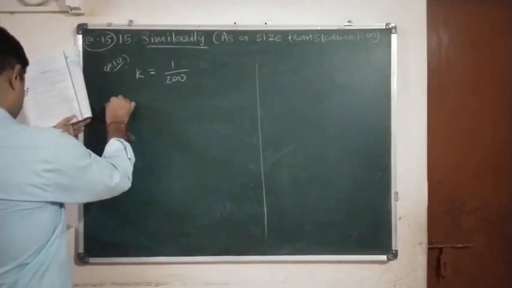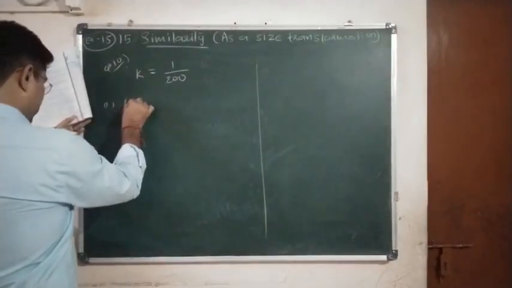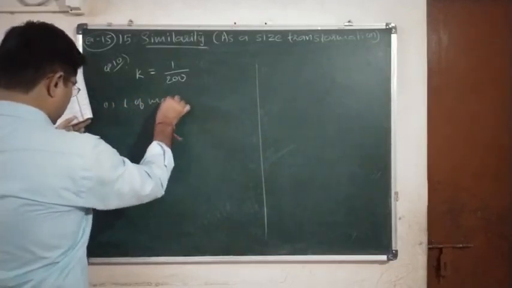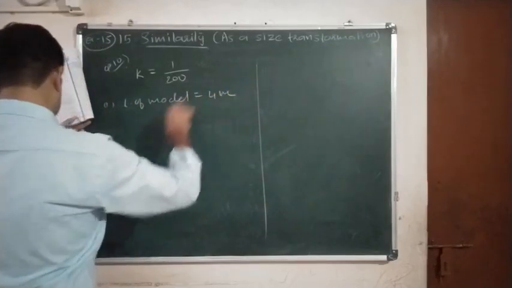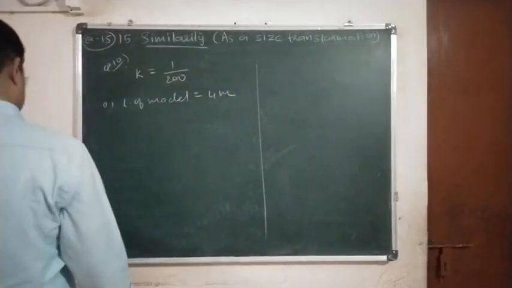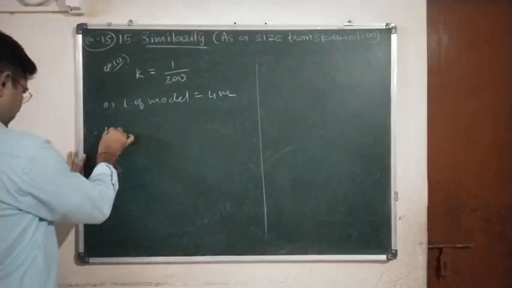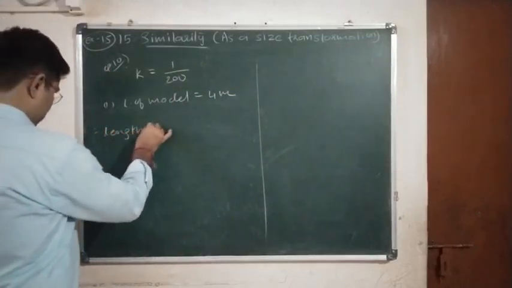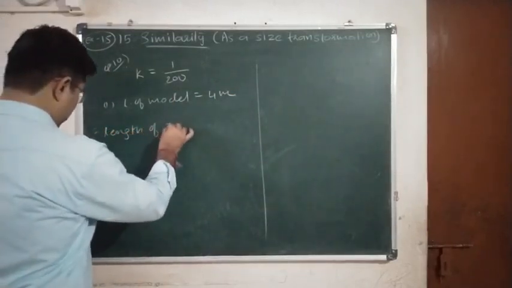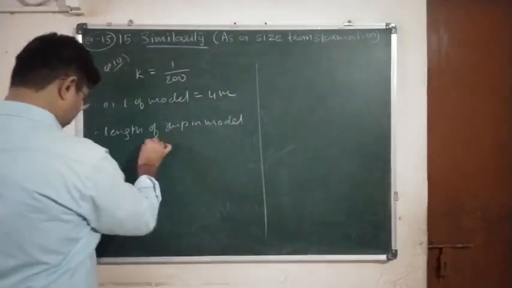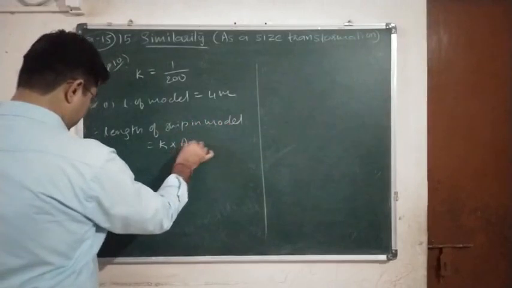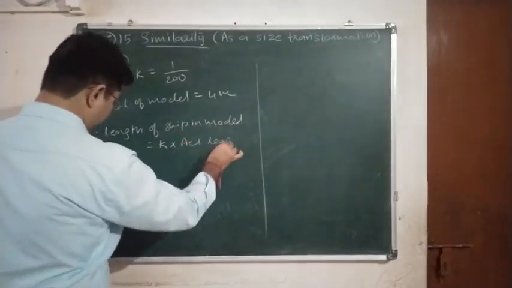Okay, number one, length of model is given to be 4 meter. We have to calculate the length of the ship. So let us put the formula. Length of model is equals to K into actual length of ship.